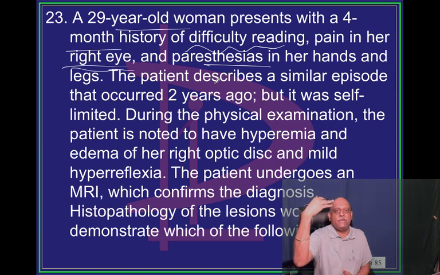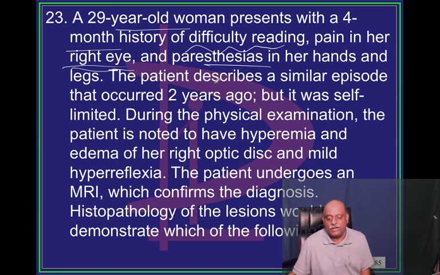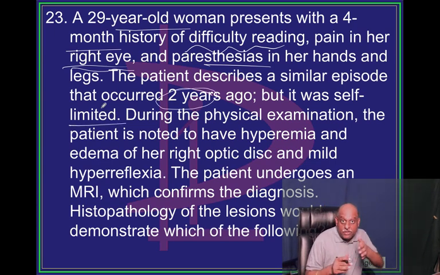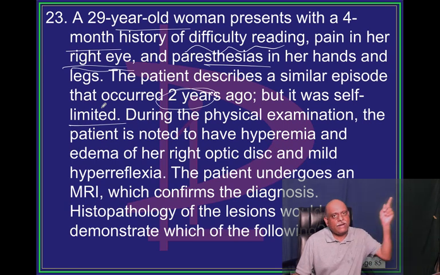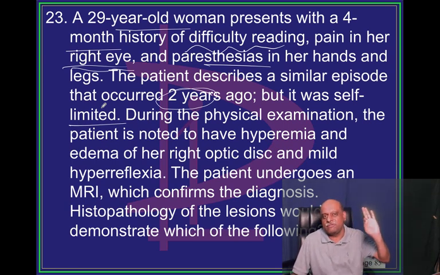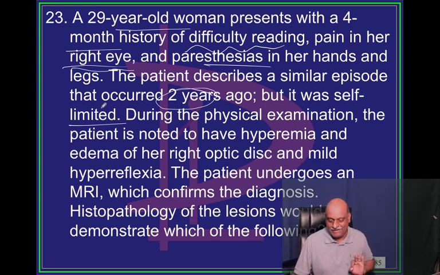Anatomically separate from each other, but both of them involved. A similar episode occurred 2 years ago, but it was self-limited. That means the progression of the clinical features is spaced by time, spaced by geography, anatomical location. That is the feature of multiple sclerosis, is what you need to remember.